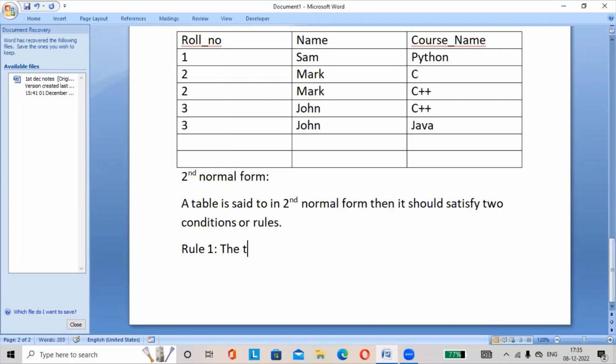The table should be in first normal form. What is the second condition?